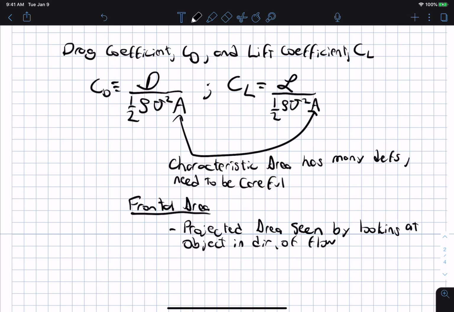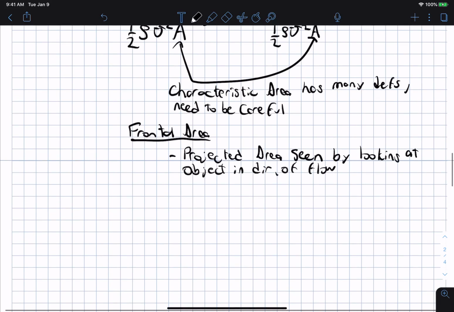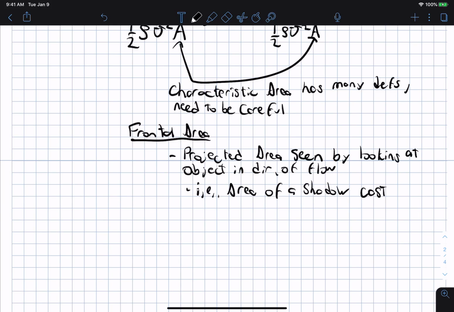You can think of this as the area of a shadow cast by light in the direction of fluid flow.